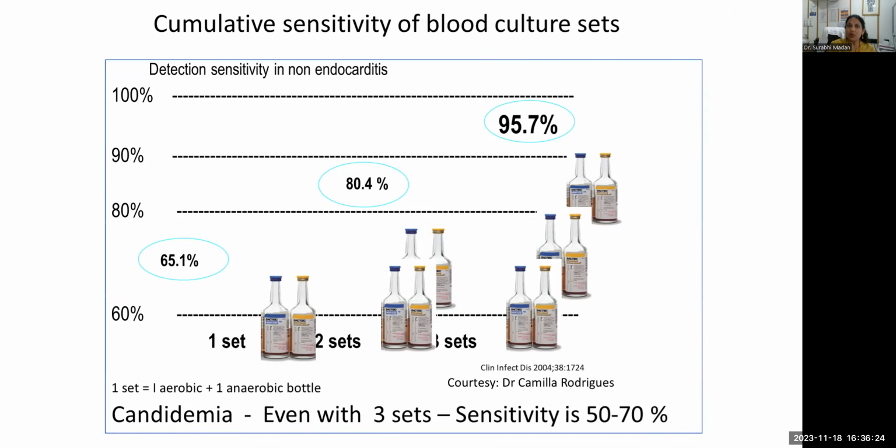So if we talk about bacterial infections, the sensitivity of blood cultures is as high as 95.7% when we set 3 sets. However, in case of candidemia, even with 3 sets, the sensitivity is somewhere around 50 to 70% only, even with the best of the best labs and the Vitek machines.